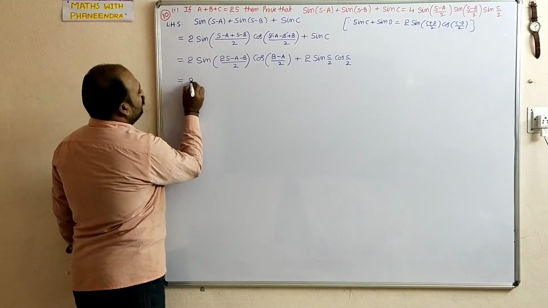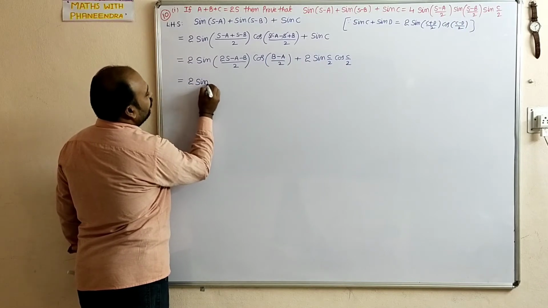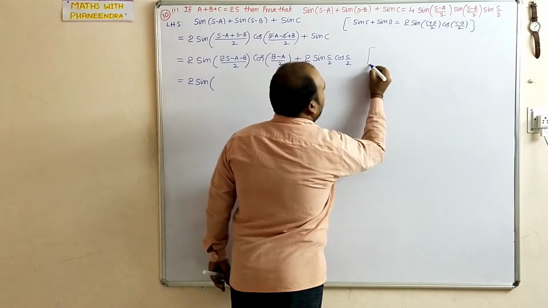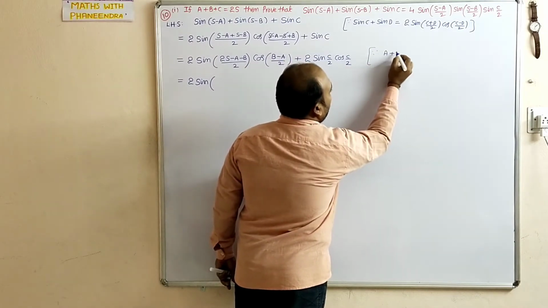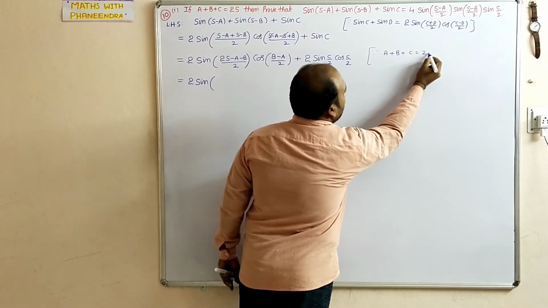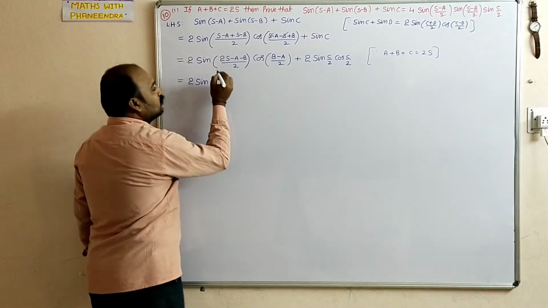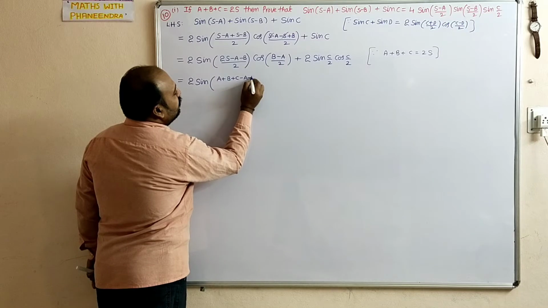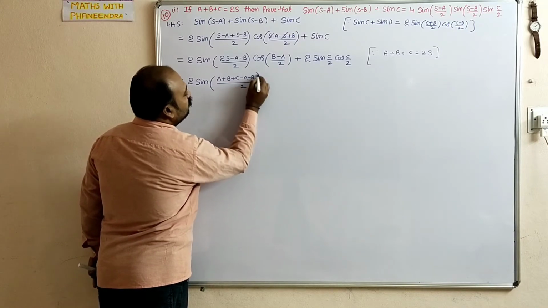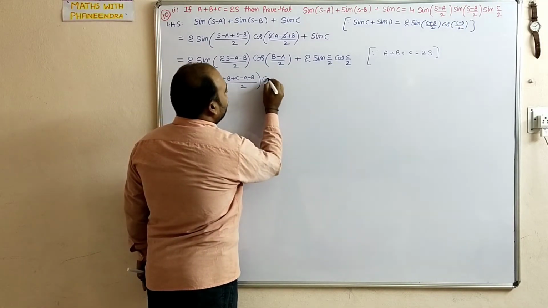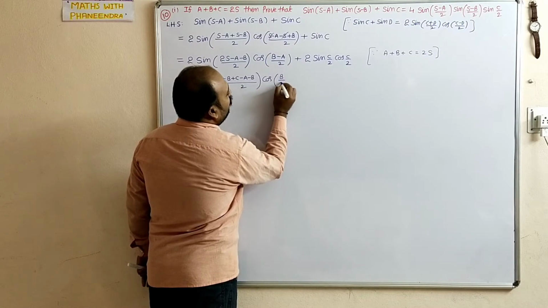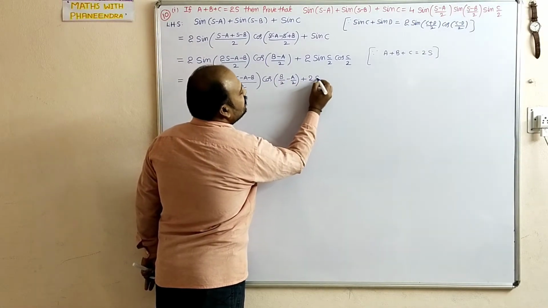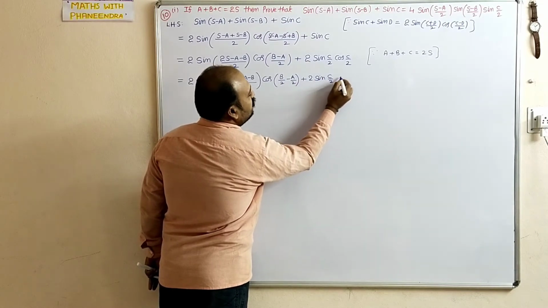So which is equal to 2 into sine of, in place of 2s you have to replace with a plus b plus c, since a plus b plus c equal to 2s. Now a plus b plus c minus a minus b divided by 2, cos of b by 2 minus a by 2, plus 2 sin c by 2 cos c by 2.